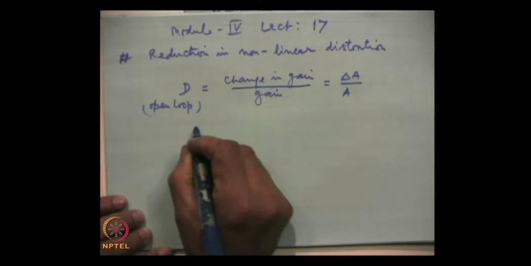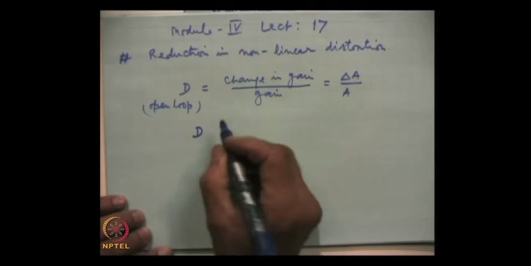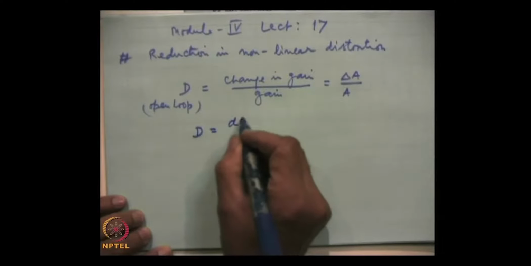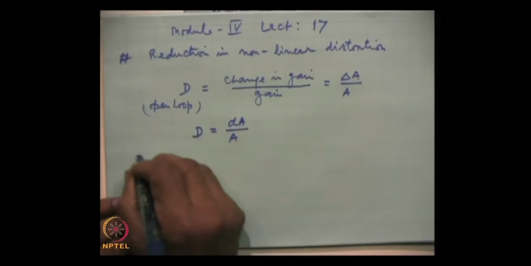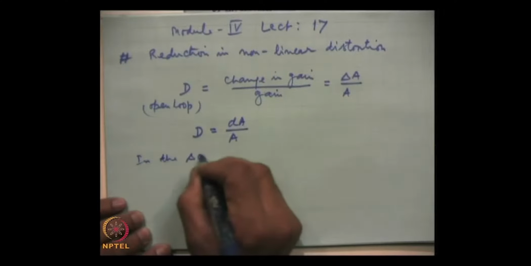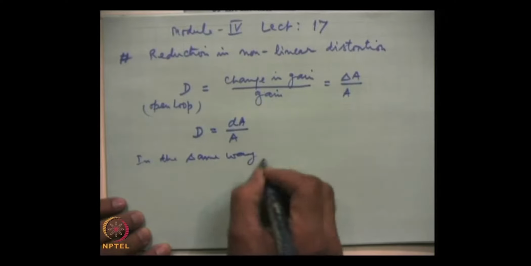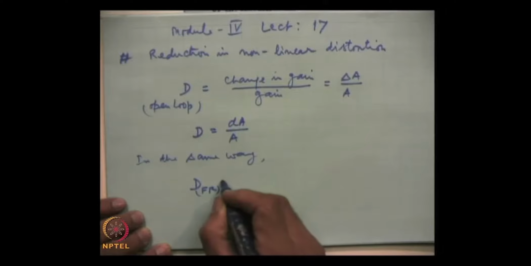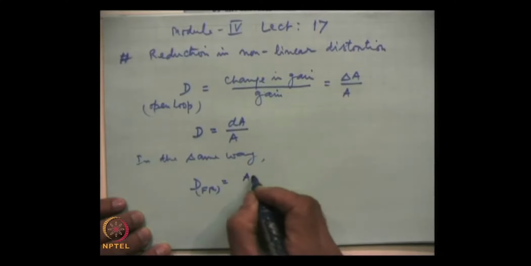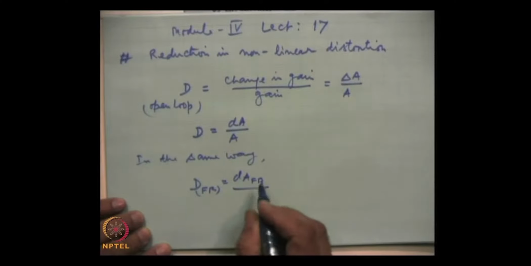So, the distortion in an open loop amplifier can be represented by dA by A. In the same way, for the feedback amplifier, the distortion can be written as DFB, distortion with feedback, equal to dAFB by AFB.